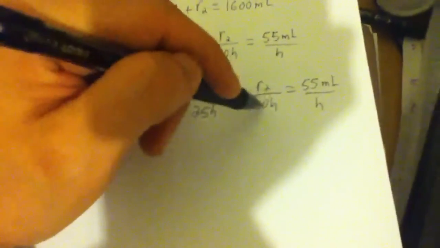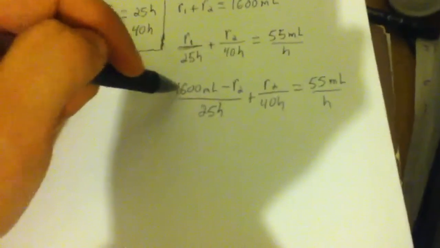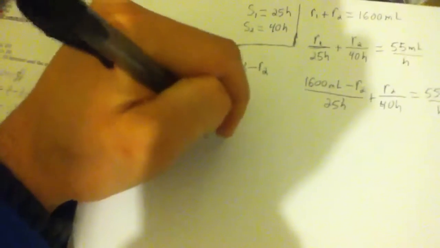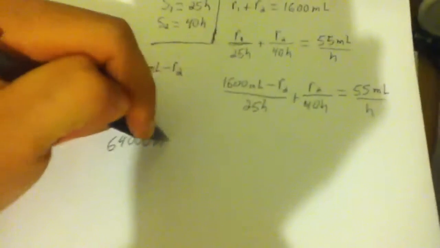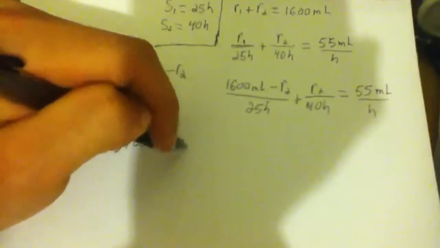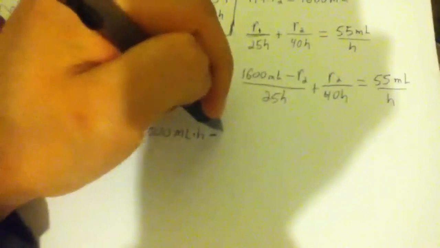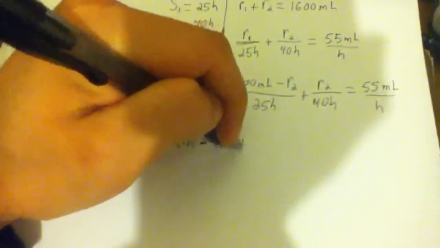Okay, so now we can condense these two fractions together. So if we multiply across here, now that's 1,600 times 40, and that is 64,000. So 64,000, and then we have the milliliters multiplied by hours still. We have to multiply the units just like we multiply numbers. And so that's minus, and we're distributing the 40 hours to the R2 also, so it's minus 40h times R2.